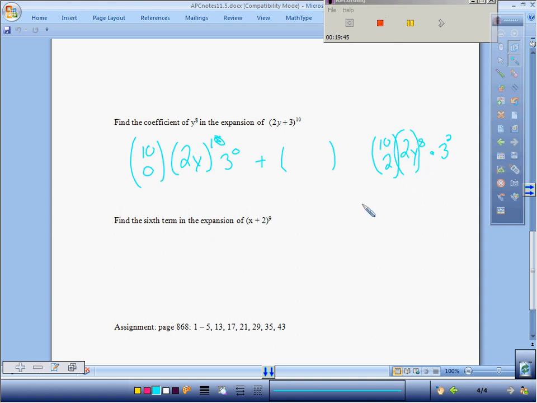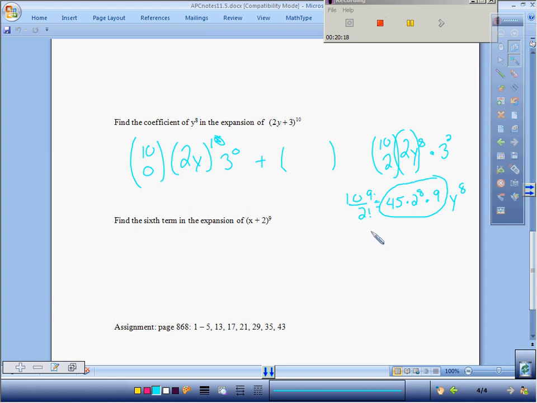So then when I multiply all that out, I get 10 times 9 divided by 2 factorial, which ends up being 45, because that's what this is, okay? Times 2 to the 8th, times 3 to the 2nd, which is 9, and times y to the 8th. When I multiply that all together, that would give you the coefficient of y to the 8th in this expansion, which is a pretty big number.